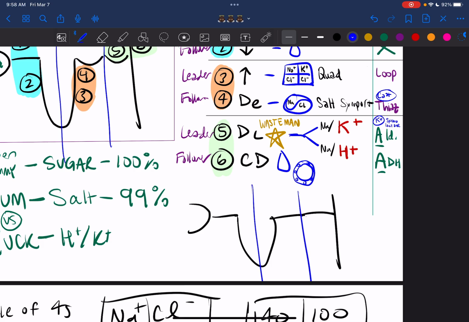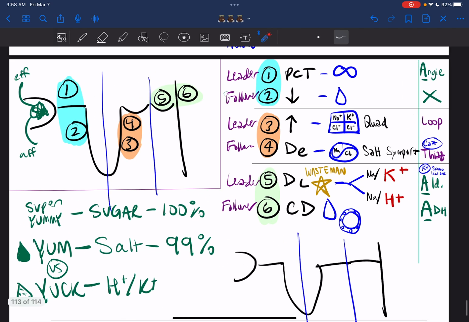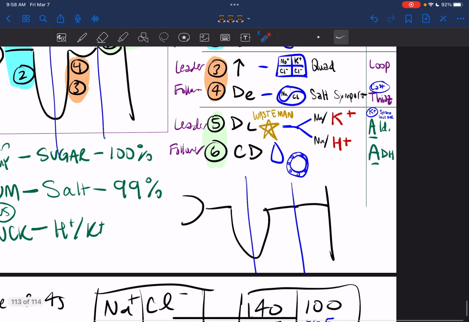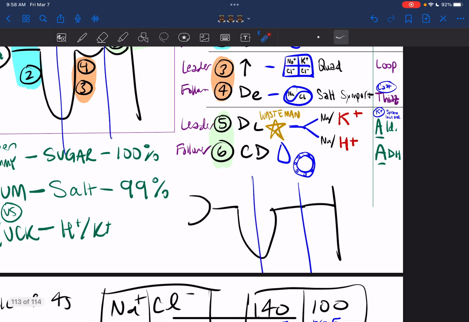Why? Because you have two loops and two distals, right? You have your descending and your ascending loops, that's two parts of the loop, and then you have your early and late distal tubule. So those are the parts that you cut in half. So cut your loop into the two loops, cut your distal into the two distals, and then you have your tubule, and you can just number the pairs.